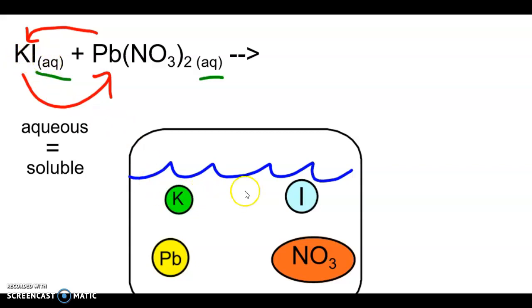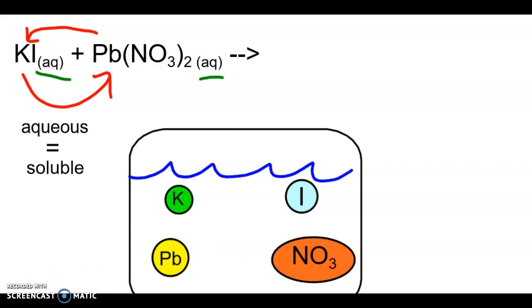They're just floating around in the solution. So if they're aqueous, they dissociate. This just means you have potassium and iodine floating around in a solution of water. And the same thing for lead nitrate. Lead and nitrate are going to break apart. You have lead over here and you have nitrate over here. They're not actually stuck together. They're just floating around in the solution that they're dissolved in.